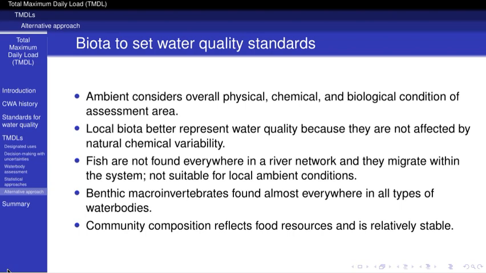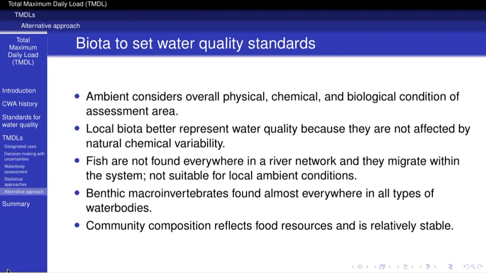But benthic macroinvertebrates, the animals living on the water body substrate, are found almost everywhere along the river network from the highest first-order streams to the mouth of the river, and in almost all ponds, lakes, and reservoirs. Benthic macroinvertebrates include the juvenile stages of insects, arachnids such as mites, snails, freshwater mussels, worms, and other small animals.